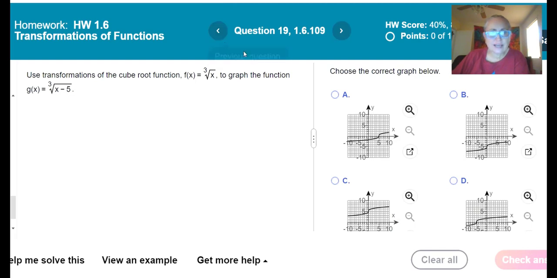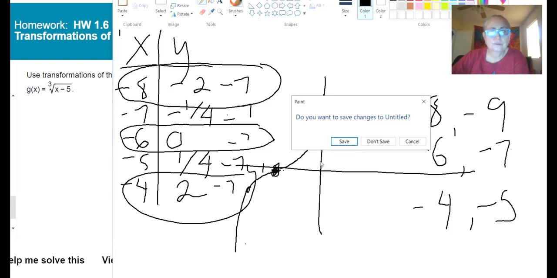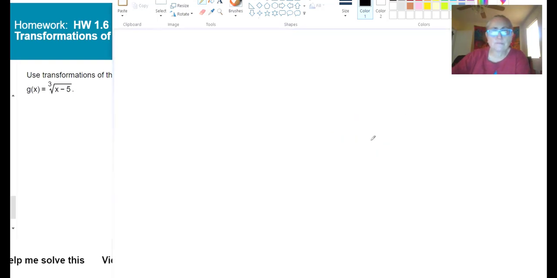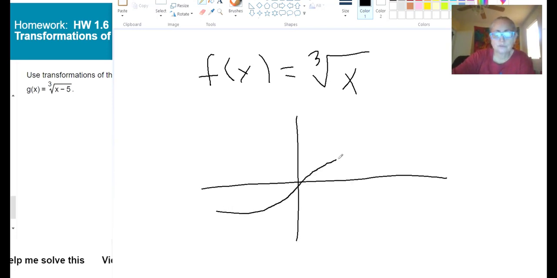Okay, so we have this last type, and it's the cube root. So we go down here, get us a new board, and remind you that the basic cube root, also covered in those basic graphs, looks like this. 0, like that.